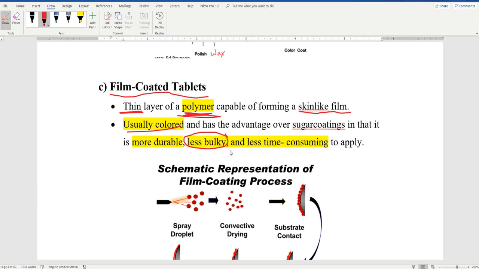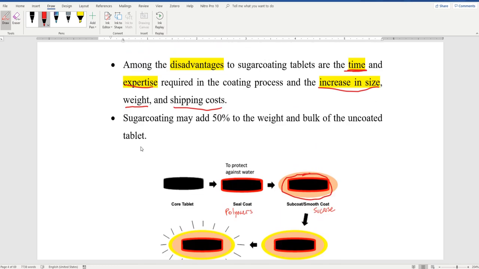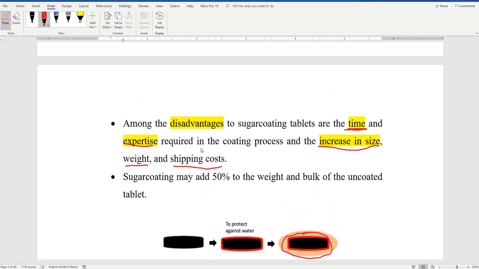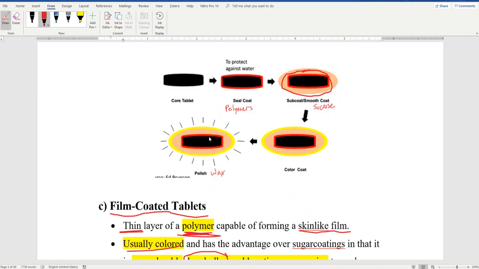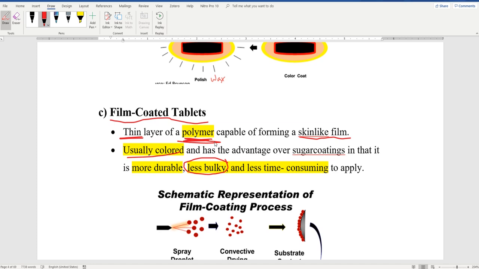Not only that, but unlike the sugar coating, one of its disadvantages actually is that it's not stable. It can have cracks. Whereas film coating is usually more durable in the sense that the film itself holds the tablet tight.